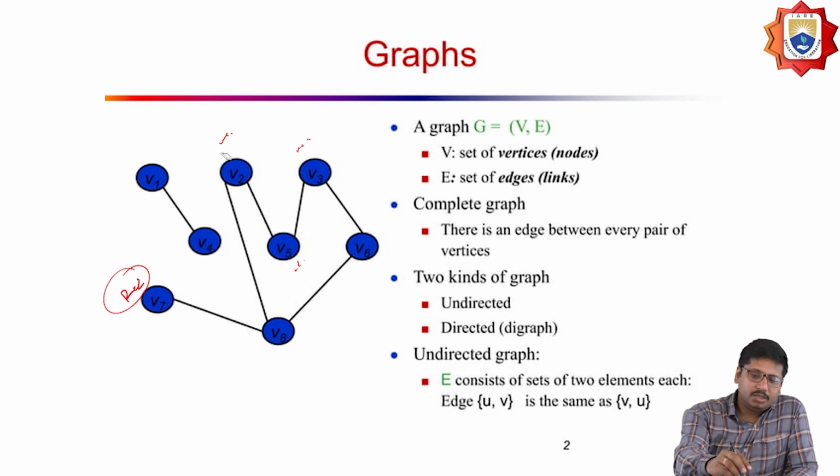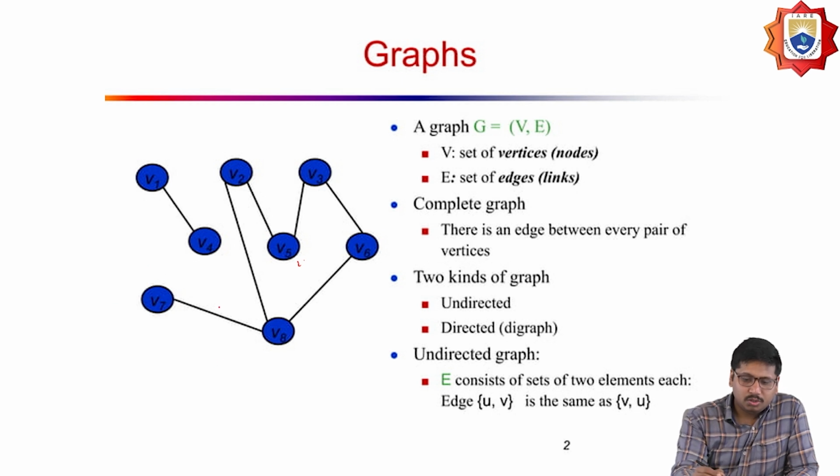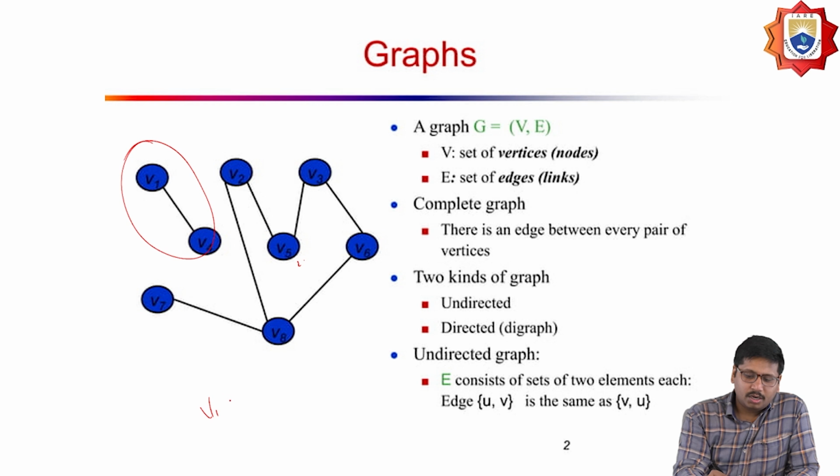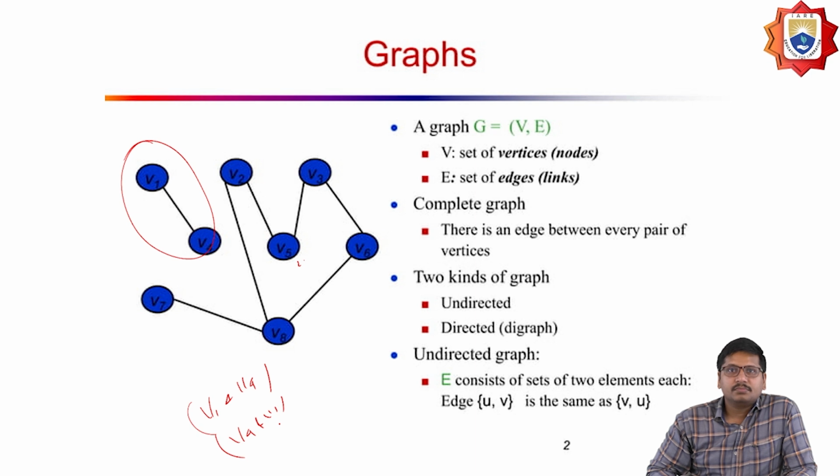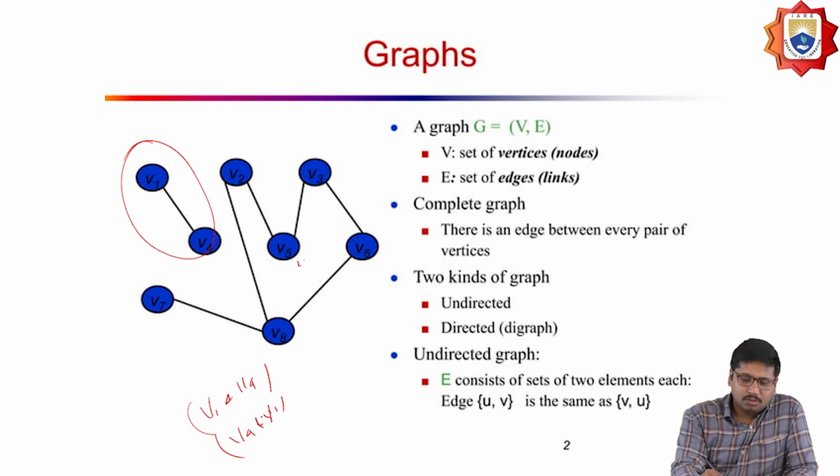In this case, I have a graph like this, with V2, V1 and V4. Here V1 V4 and V4 V1 are the same, so I can say this is an undirected graph.